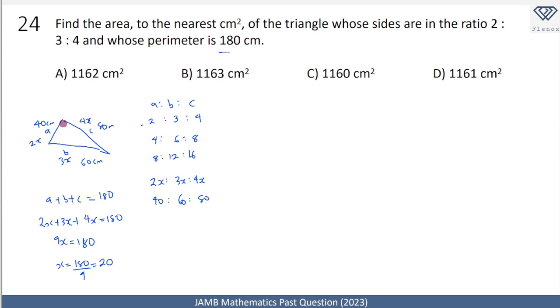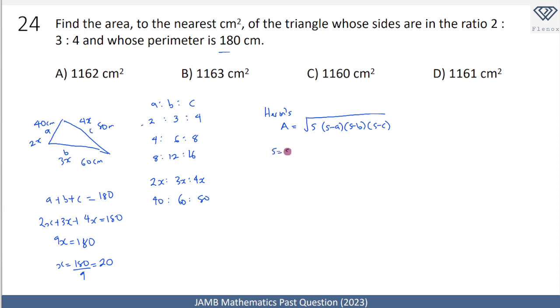Now, when we know the lengths of the sides of a triangle, the way we find the area is by using Heron's formula. Heron's formula is applicable when you know the lengths of the sides of the triangle. It says that the area of a triangle is the square root of s times s minus a times s minus b times s minus c, where s is the semi-perimeter.